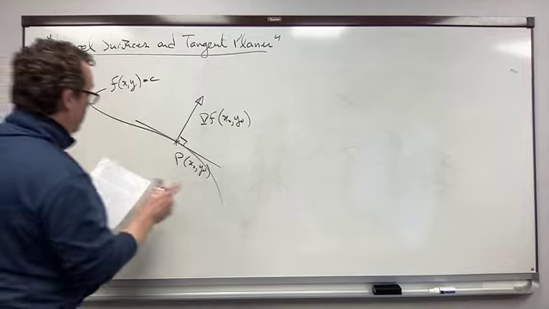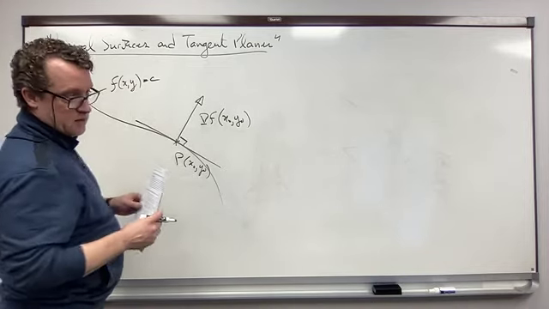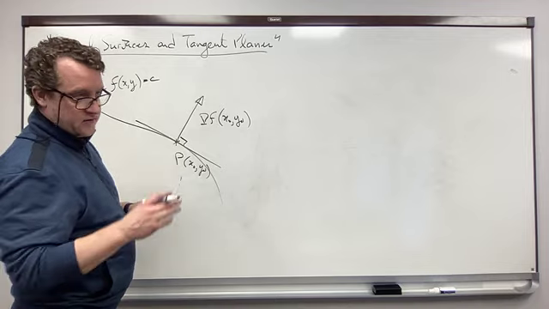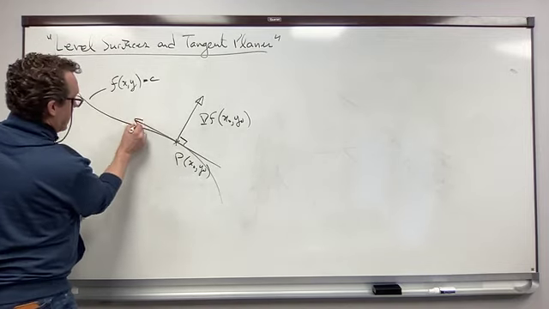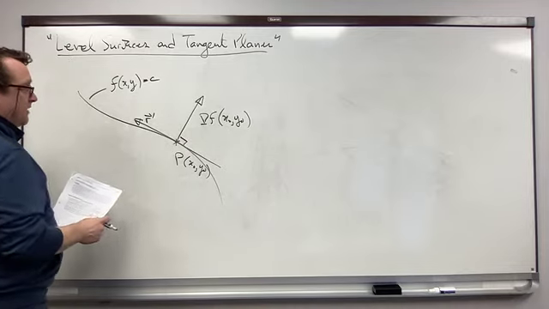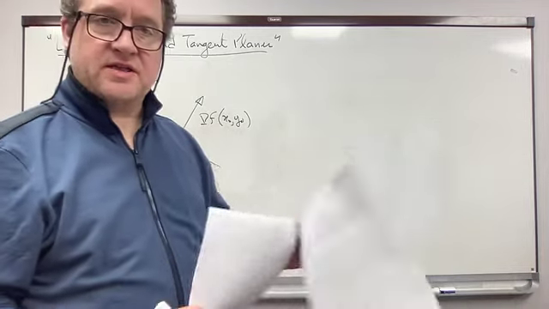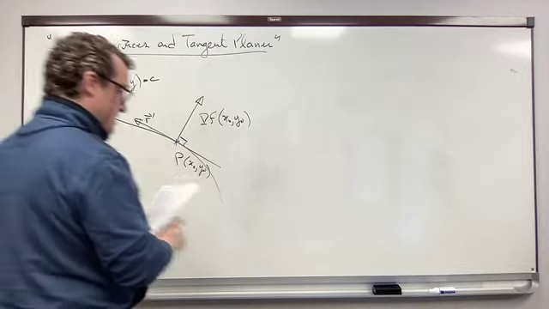The other thing we know is that if we define this curve with a vector r as a function of x and y, the tangent is actually r prime, if we were calculating that. Now we need to extend this idea to 3D.